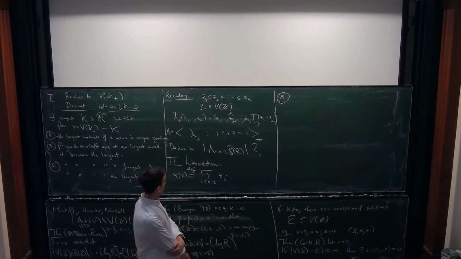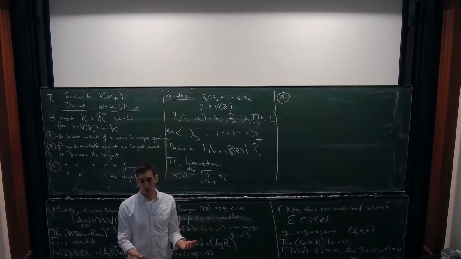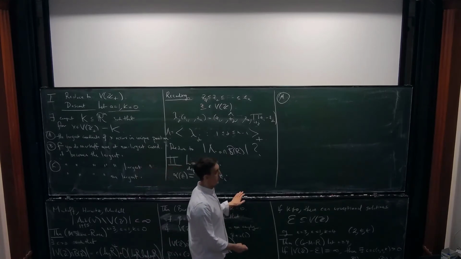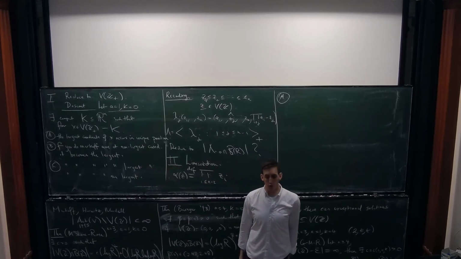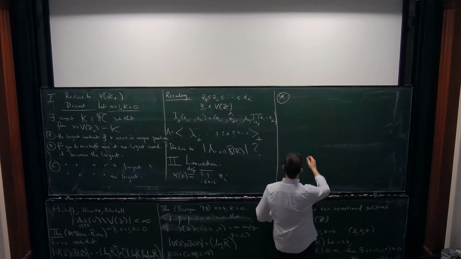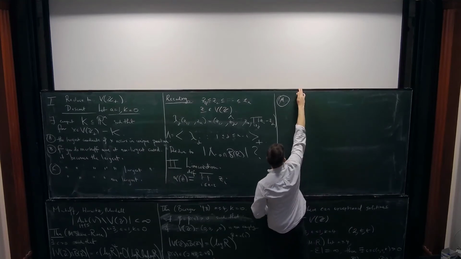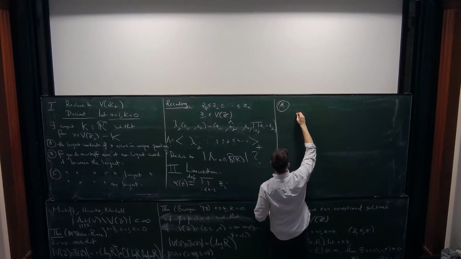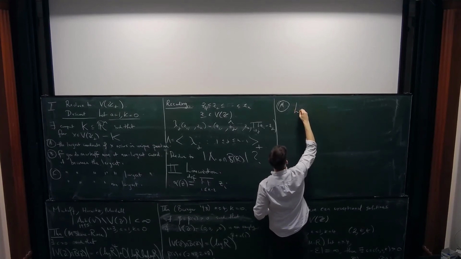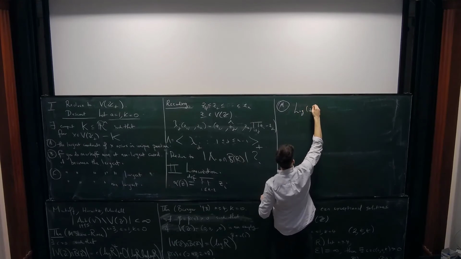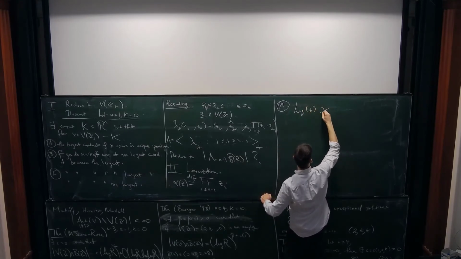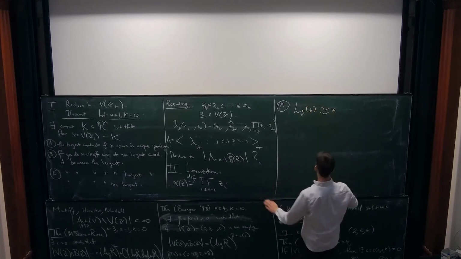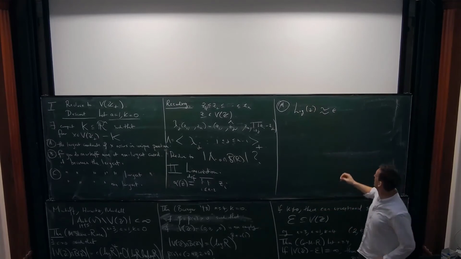Okay, the first thing, so I'm going to take logarithms and see what happens. So I'm going to take log of z. The first observation is when you take log, you land close to a hyperplane. So the log of z is approximately in a hyperplane.